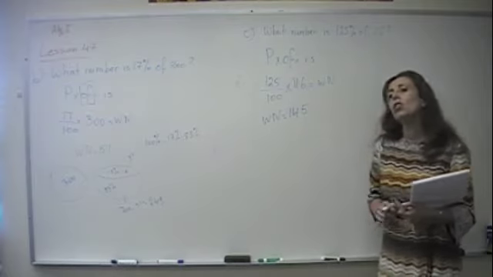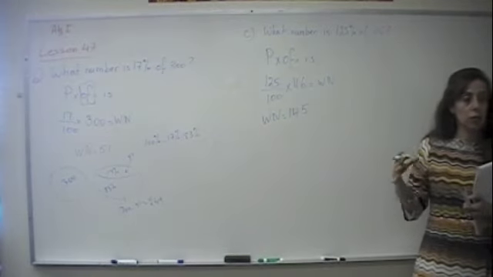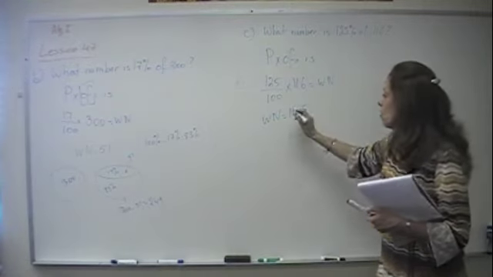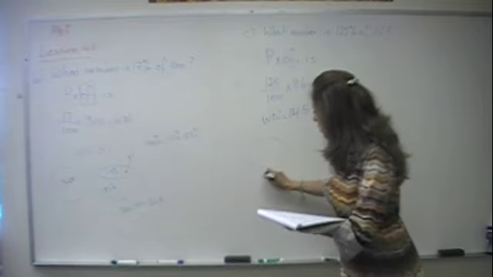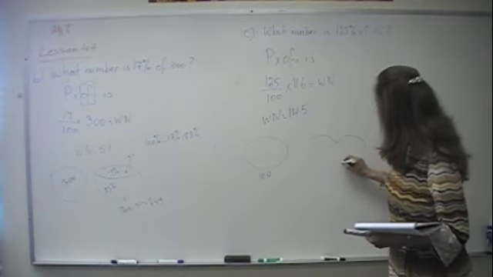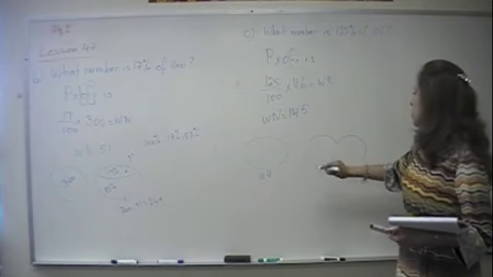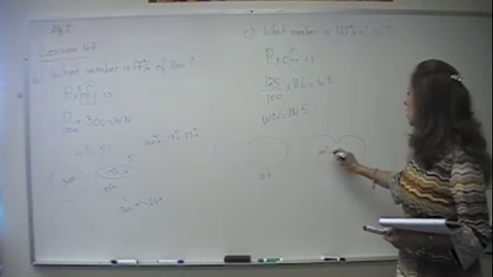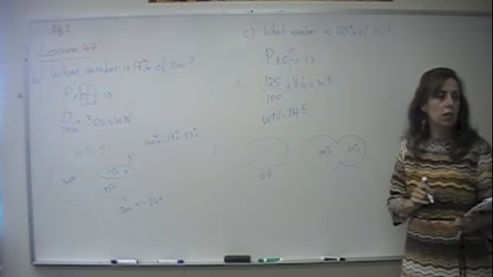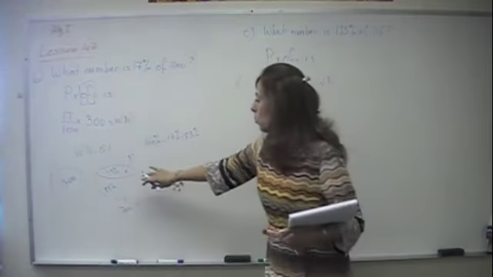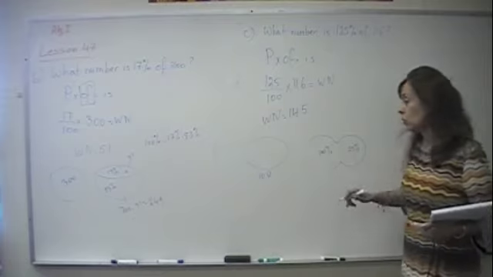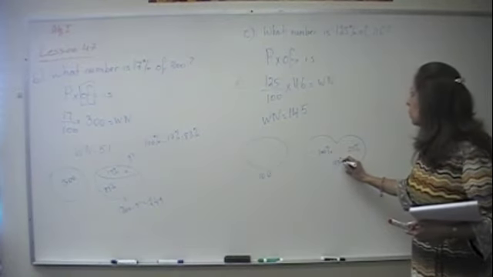Watch how the diagram is going to be different for this one, because my percent is more than 100%. If I have here the 100%, the 125 is going to look like this. It's like a peanut shape. Here's your 100%, and here's your 25%. So the whole thing is 125%. With the other two we did, they were part of the 100% because the number was less than 100%.